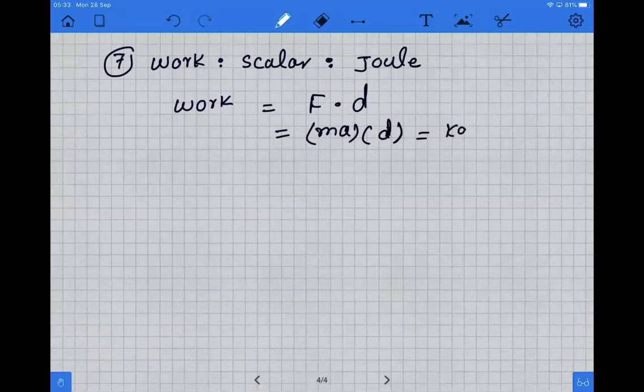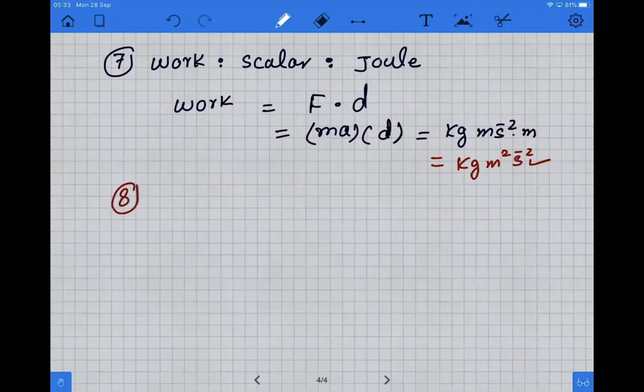That would become kilogram meter second minus 2 into meter. This could be written as kilogram meter square second minus 2. This is the base unit of work.